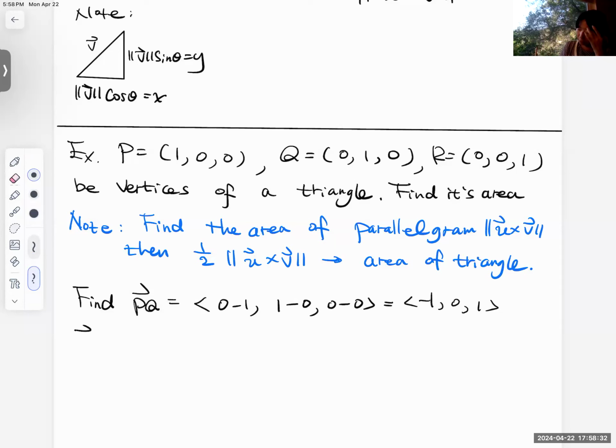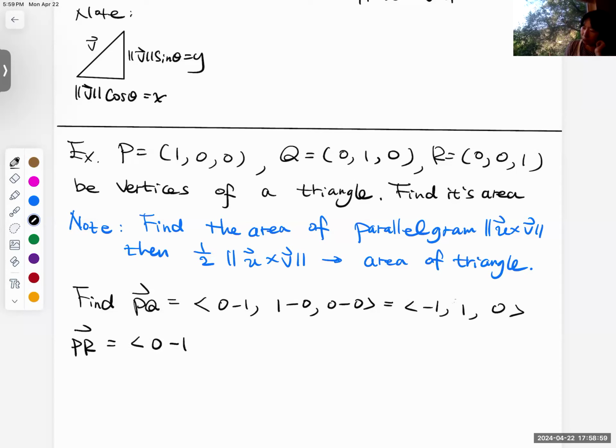Sorry about that, I made a mistake. So PQ is -1, 1, 0, right? How about PR? So we have 0 minus 1, 0 minus 0, 1 minus 0. So we have -1, 0, 1, right?